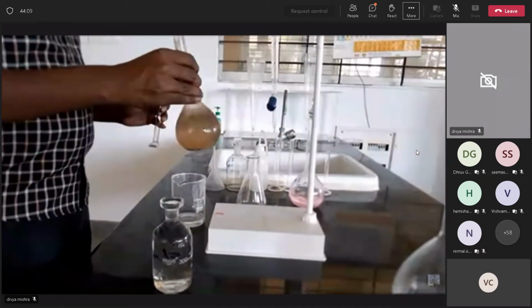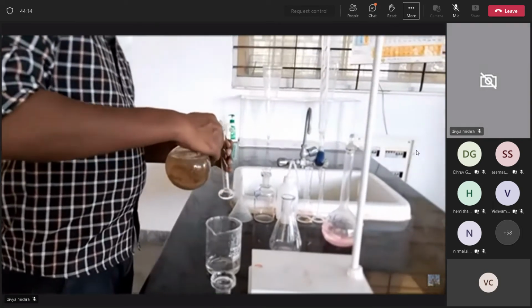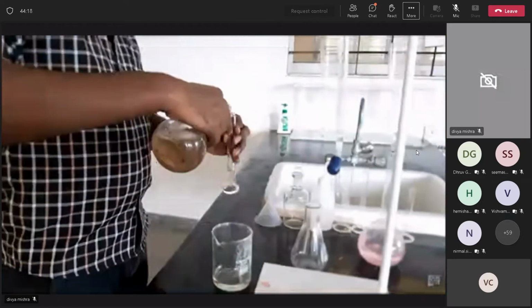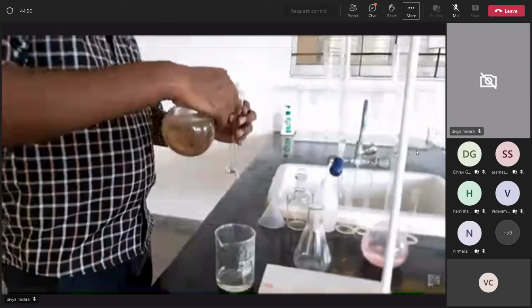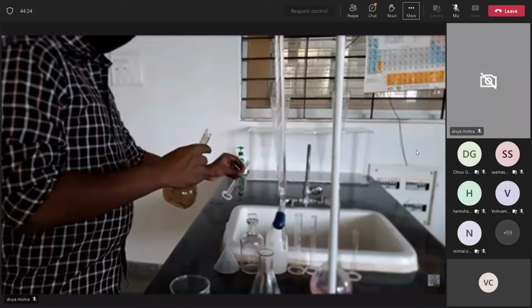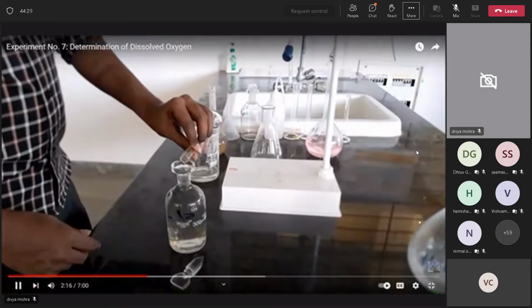This is alkali iodide azide. 2 ml of alkali iodide azide is measured. This is added to the sample.